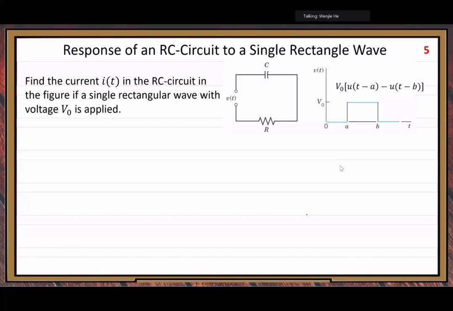And let's represent this part first. This part, can you see V0 times the brackets? You take the difference of Heaviside functions with two different shifts, an A shift and a B shift. So that's why in the previous slide I explained the graph, all the details.